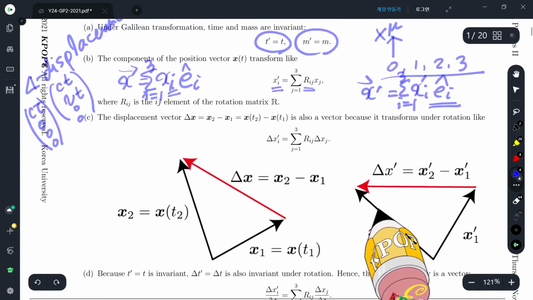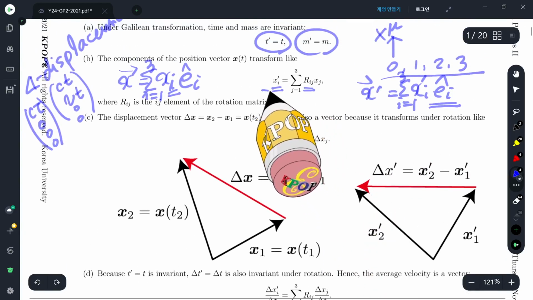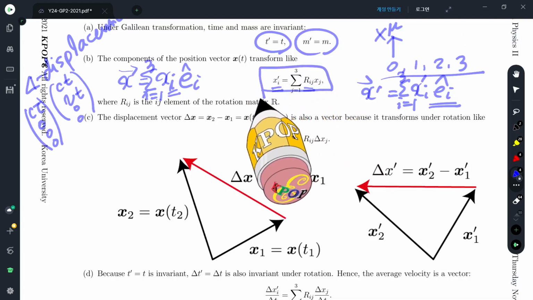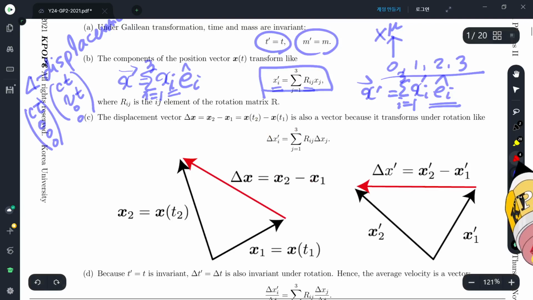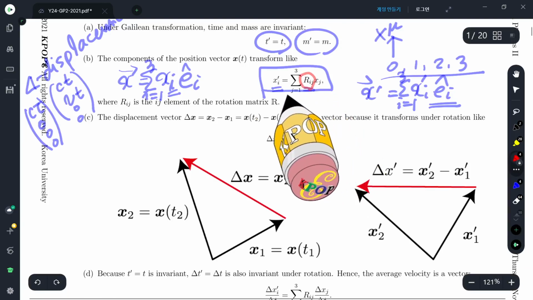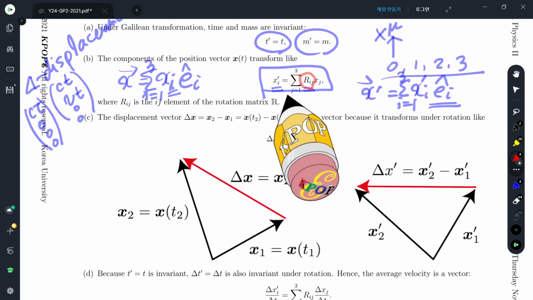Under this rotation, this transformation rule is always the same for any vectors. That means this matrix element is independent of any point, independent of coordinates in a specific coordinate system.